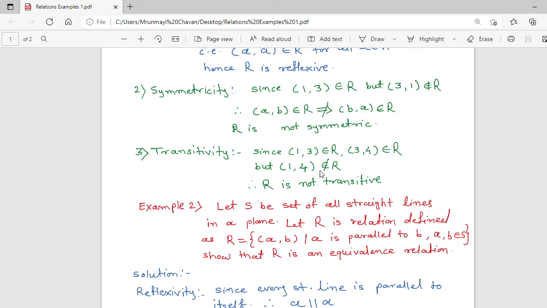So, in this way, we can check whether the given relation is symmetric, transitive or reflexive.